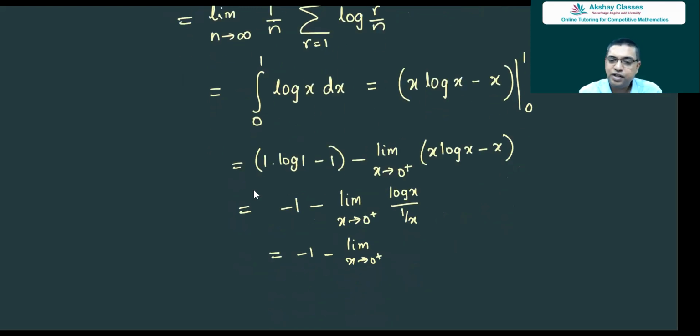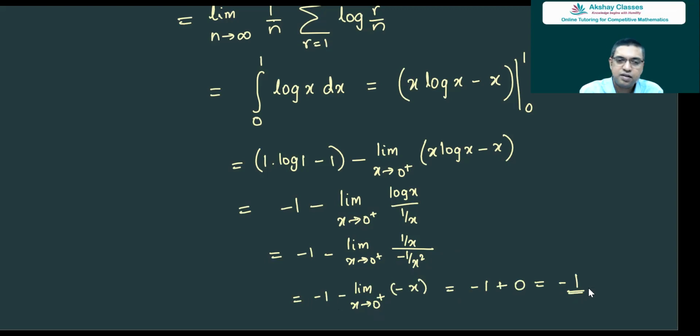I have a way to remember this limit, by the way. Anyway, I'll just explain. Log x, differentiate the numerator and the denominator separately. So we get this as the limit as x tends to 0 plus of minus x, so minus 1 plus 0 minus 1.